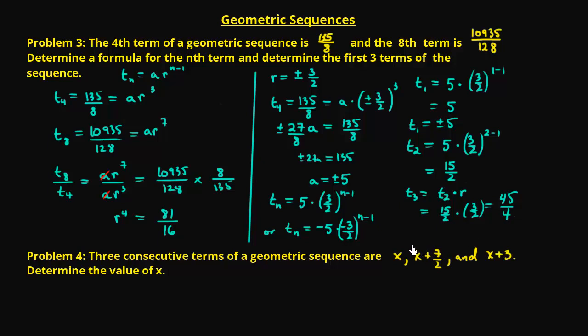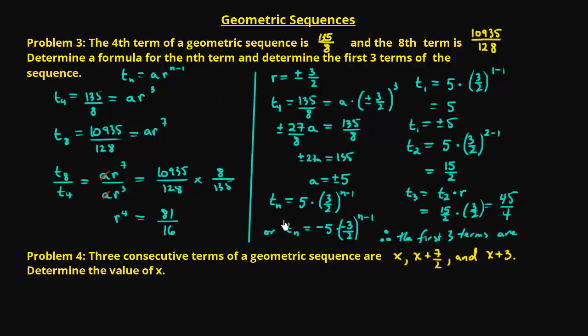So there's two possibilities here. We have, therefore, the first 3 terms. We could have the first term and the common ratio both being positive.